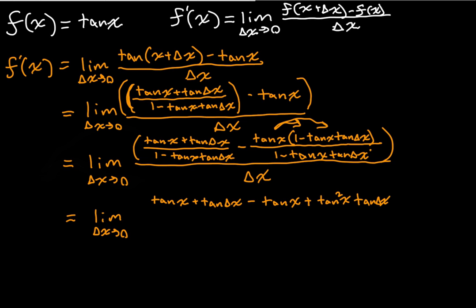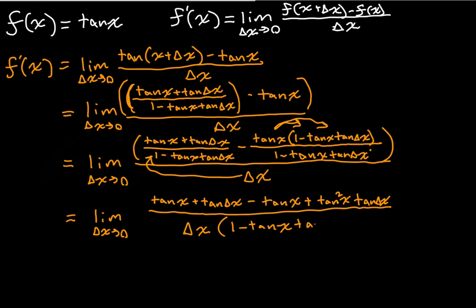Hopefully the dog gets tired of barking eventually. Divided by, well, we can really combine this delta x with these terms down here. It's going to be delta x times 1 minus tangent of x tangent of delta x.